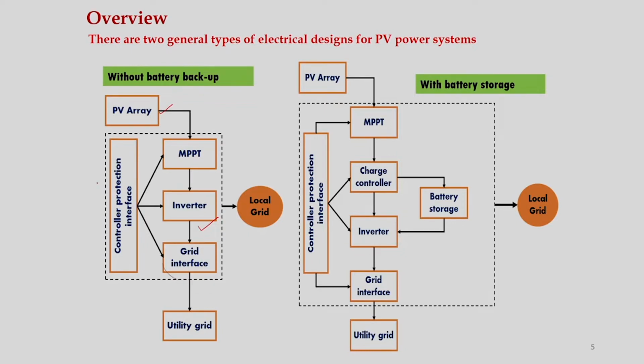If we are done with this, then we can give this power to the local grid or to the utility grid. Similarly the same thing happens with the battery design, the only change is one storage system. Energy can be stored and delivered as per the requirement.